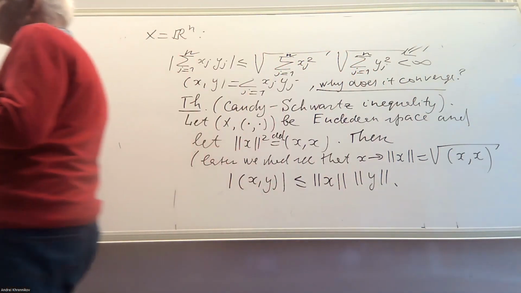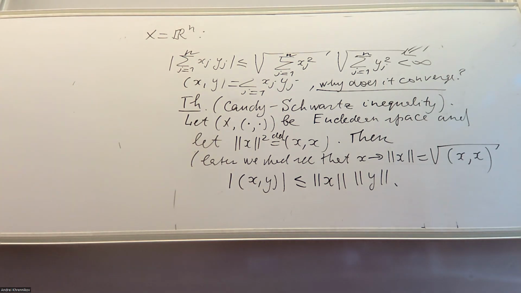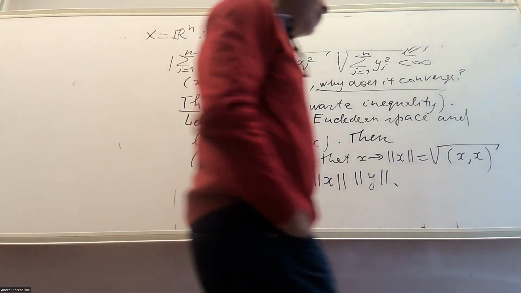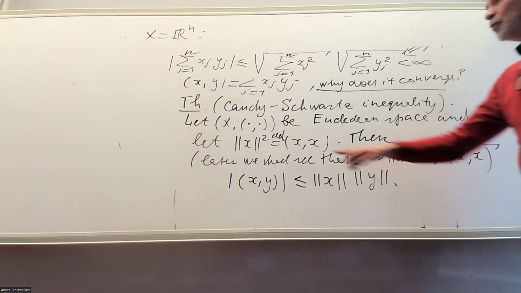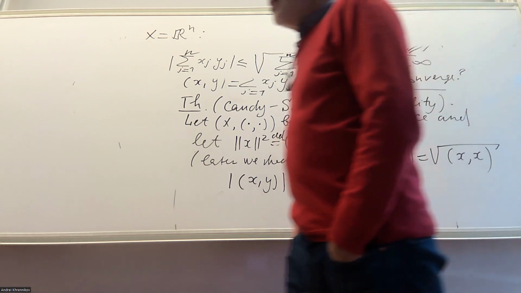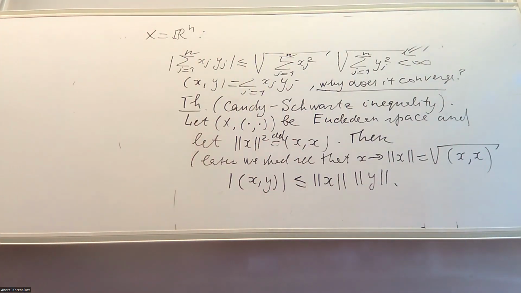So this is the finite dimensional Cauchy-Schwarz inequality. So the scalar product can be estimated by the norm. For the moment, we don't know that this is a norm. We're just about to prove that this square root of the scalar product is really a norm.